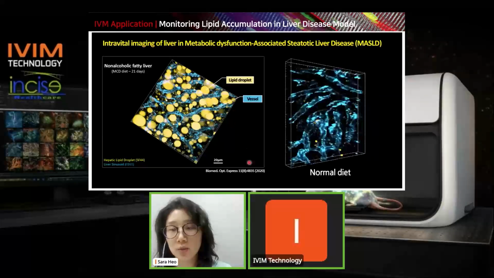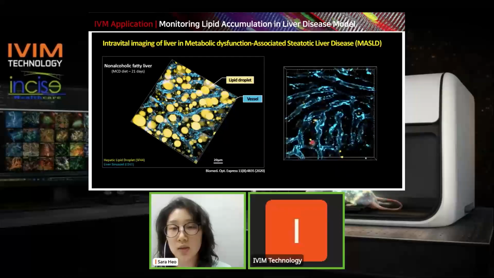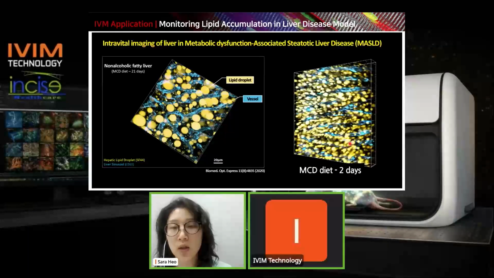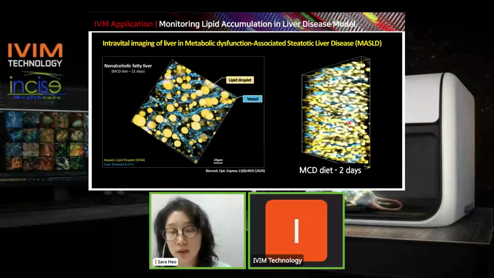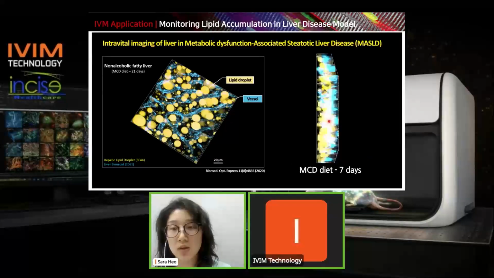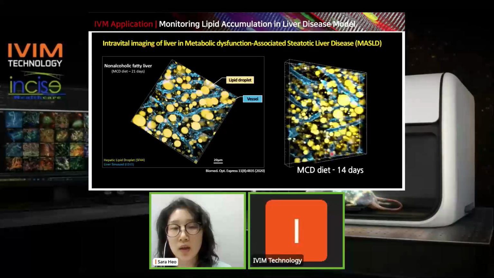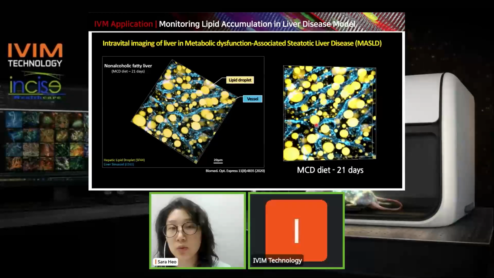You can see the accumulation in the liver tissue, how this disease model has fat built inside the tissue compared to the normal mouse model. And you can obtain the data in 3D image using the Z-stack mode. This is in 3D, and the accumulation of the lipid was observed.